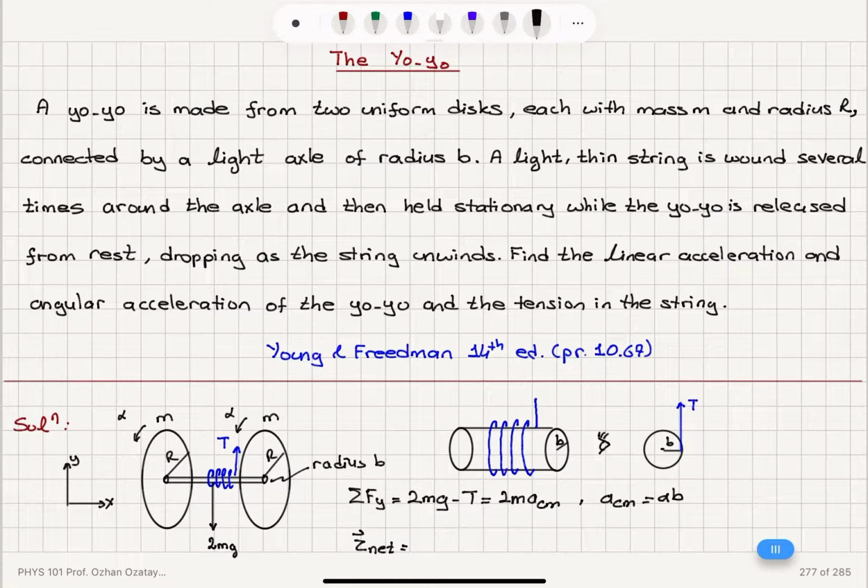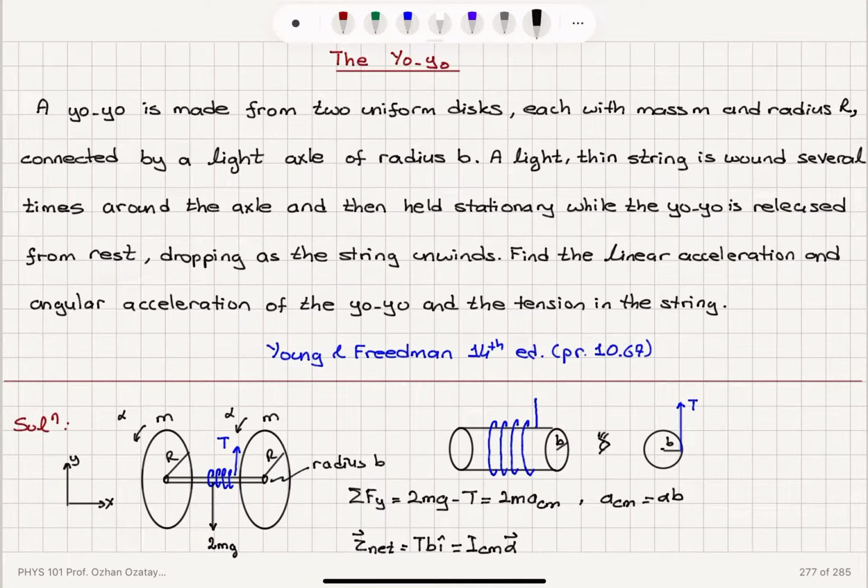So it's going to be T times b times i hat. That's our net torque, which will be equal to the moment of inertia about the center of mass axis times alpha.